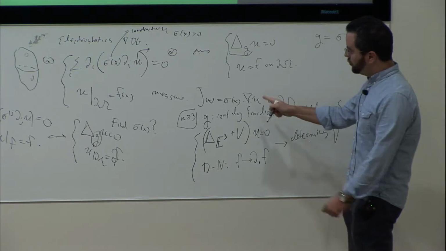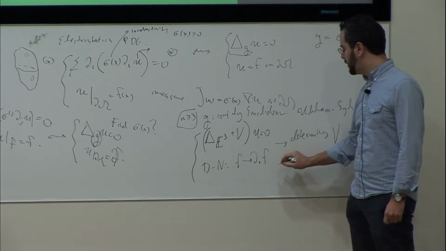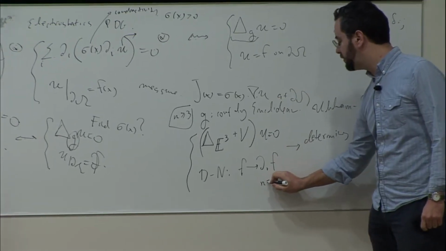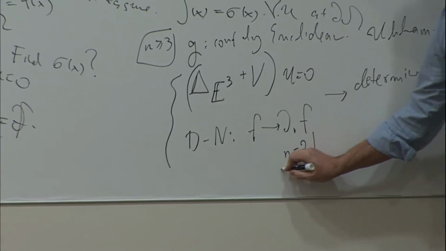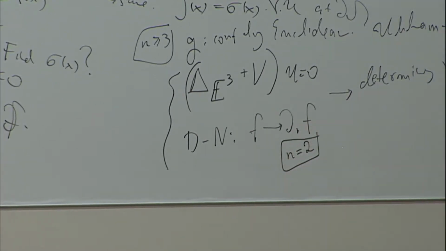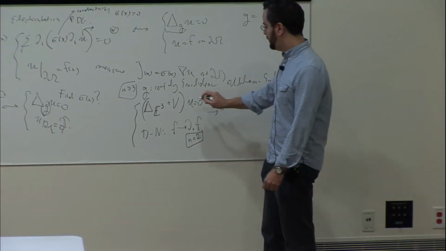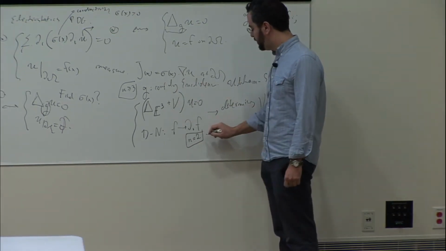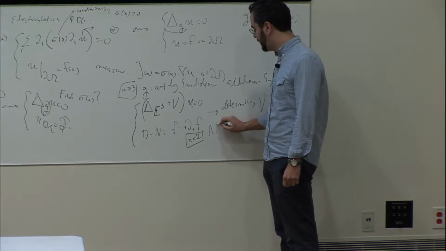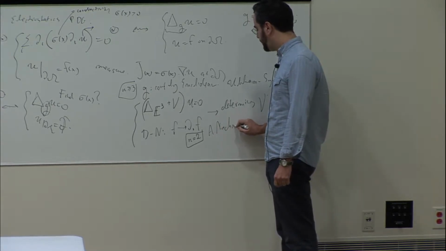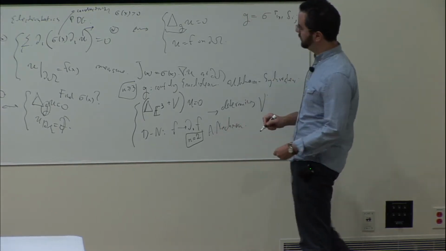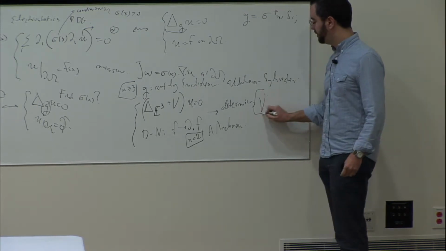For dimension 2, this proof does not work, and the case n equals 2 requires substantially different treatment for geometric reasons that are very easy to spot, but I won't discuss. This was done for 3 and higher by Sylvester and Uhlmann, and for n equals 2 by my colleague Adrian Nachman, about 10 years later.